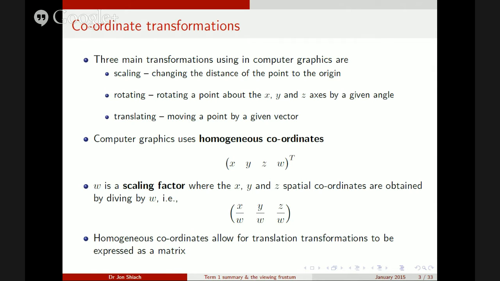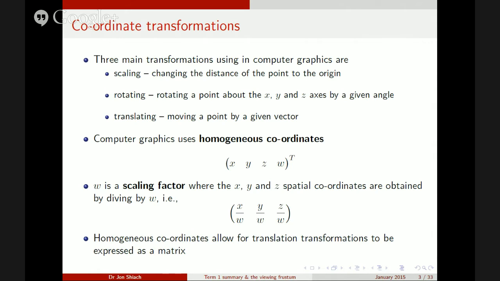Computer graphics uses homogeneous coordinates. So instead of a 3-tuple, which you'd normally expect a 3-dimensional point or the coordinates of a point in 3D space to be defined by, we use a 4-tuple. Okay, 4-tuple, you have your X, your Y, your Z, and you've got your 4th element, which I've labeled W here.